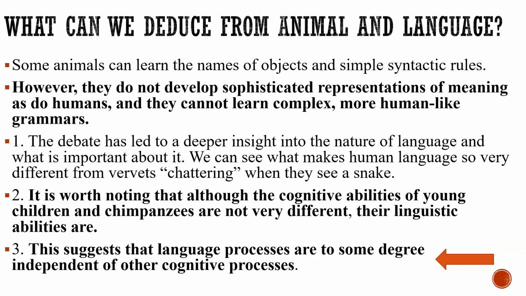According to Chomsky, we have in our brain one devoted domain for us to acquire language that is separate, which makes us distinctive from animals. Number two, it is worth noting that although the cognitive abilities of young children and chimpanzees are not very different, their linguistic abilities are.